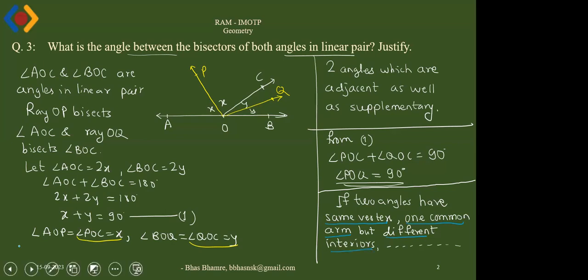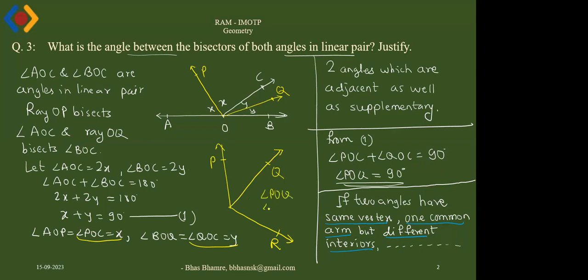So here I can show you one figure. Suppose in this figure there are three angles in all: angle POQ, angle QOR, and angle POR. These three angles are there. This is O. Then we consider POQ, QOR, and POR.